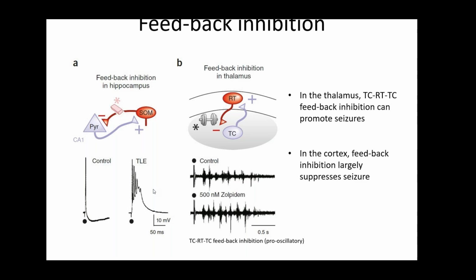All right. In the thalamus, if you have a boost of the inhibitory activity of this thalamocortical network, it is going to suppress the inhibition. So it is going to be suppressing the seizure. All right.